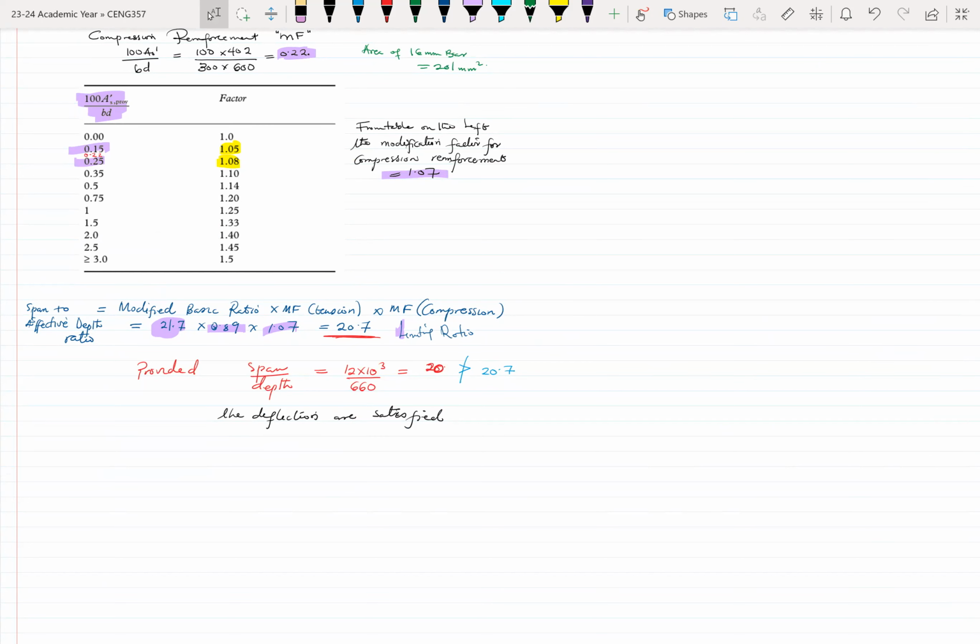So for today, since we now know what modification factors are, we can look at how to analyze slabs.